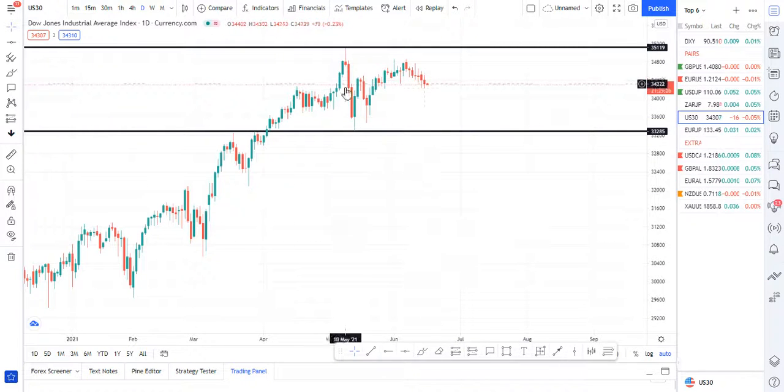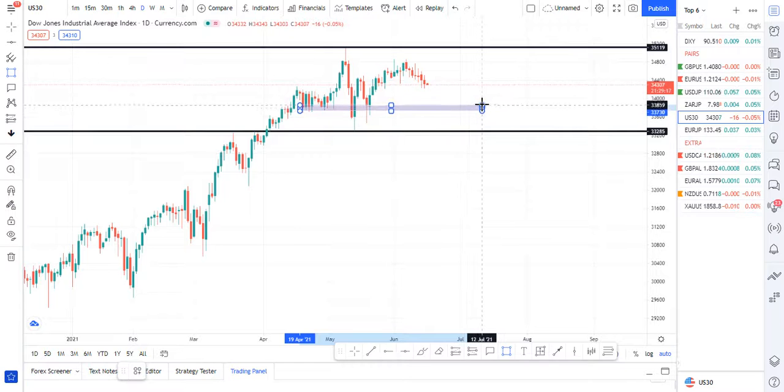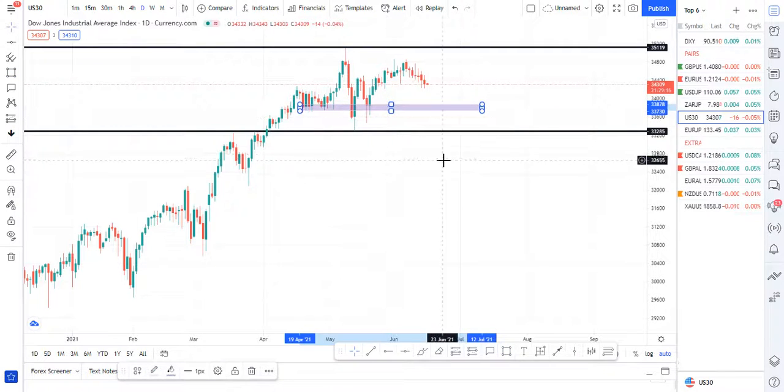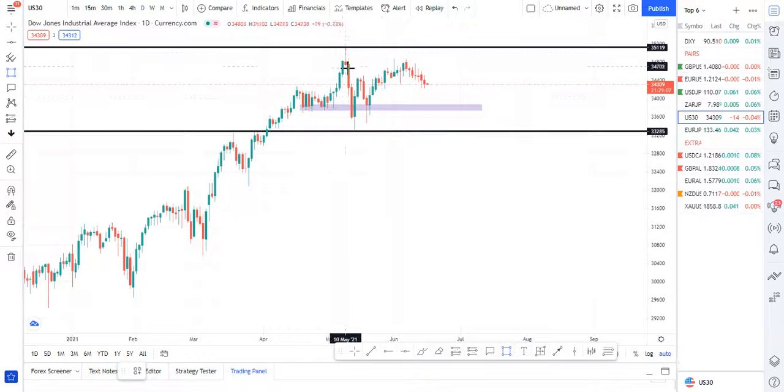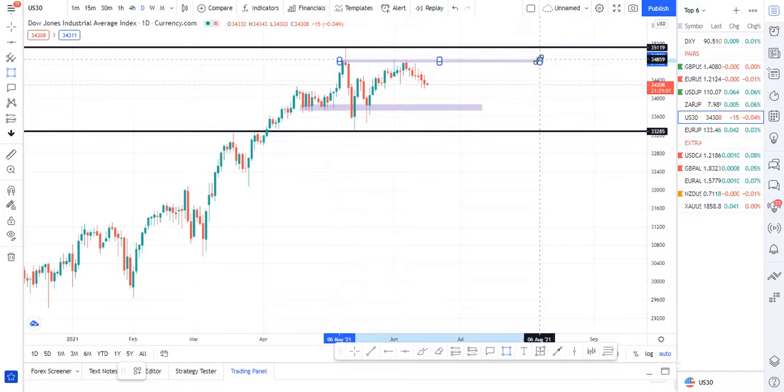it's just been consolidating as well, man. Just honestly looking at it, it's been consolidating, false breakouts, you know. See, it's just been consolidating.